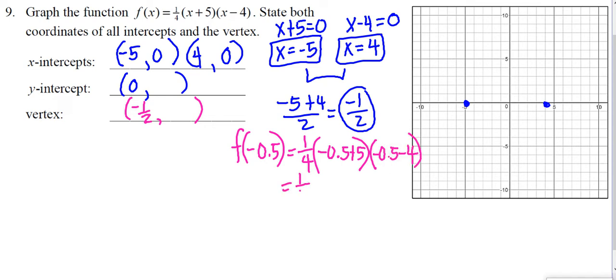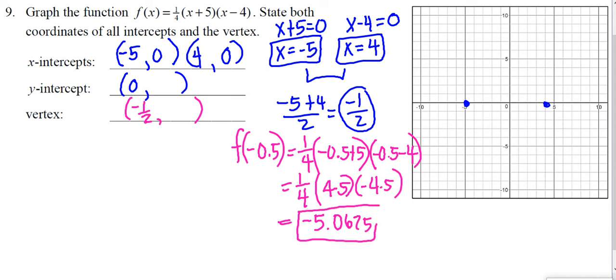And then that's a 1/4. What's that one? 4.5, right? And then there's negative 4.5. And then if I just multiply negative 4.5 times 4.5 times 1/4 is 0.625, I think.